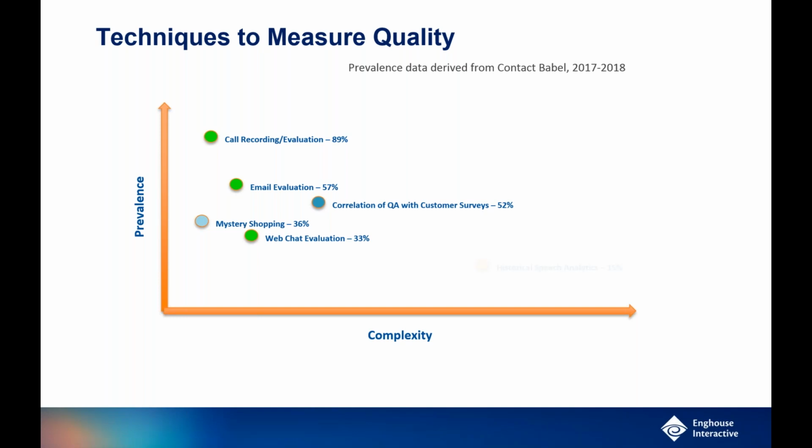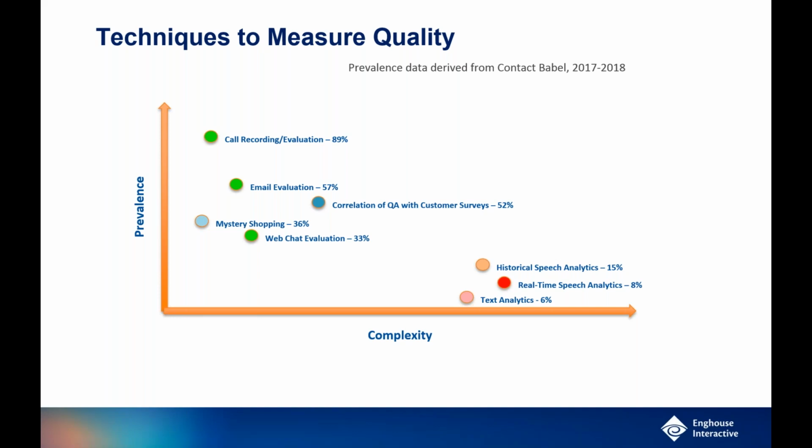measuring quality. And then we go down to the lower prevalence, higher complexity techniques, which have to do with running analytics on your data. And here again is where it gets a lot more sophisticated, because in this case, we have to apply CPU power, which might be on premise or might be in the cloud, and feed the data, whether it's recorded calls or recorded text media or other forms of data that you collect on your customers, into an engine that can analyze the quality of those interactions.